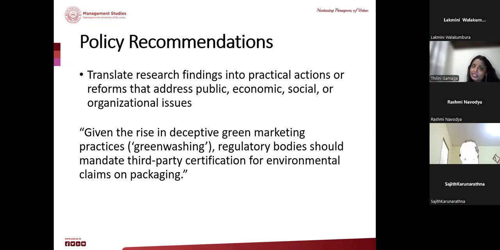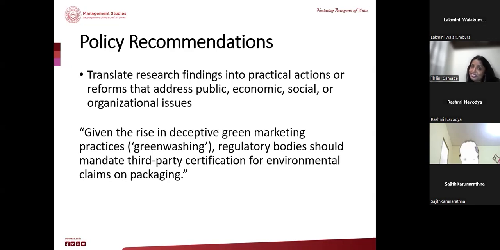And sometimes these recommendations might be related to budgetary conditions or budgetary recommendations, where based on findings, the researchers suggest what sort of changes are needed in the organization, how the optimum resource allocation should be managed. And this is just an example.